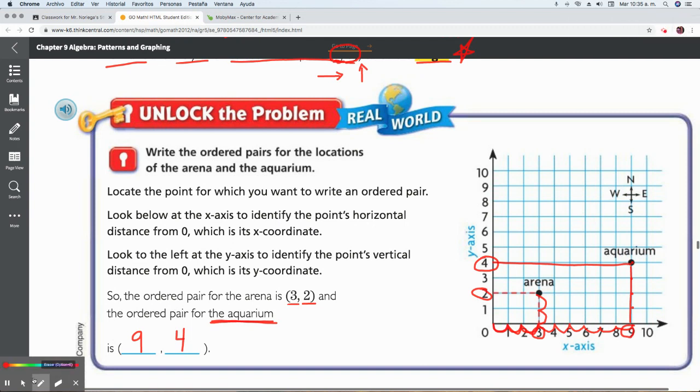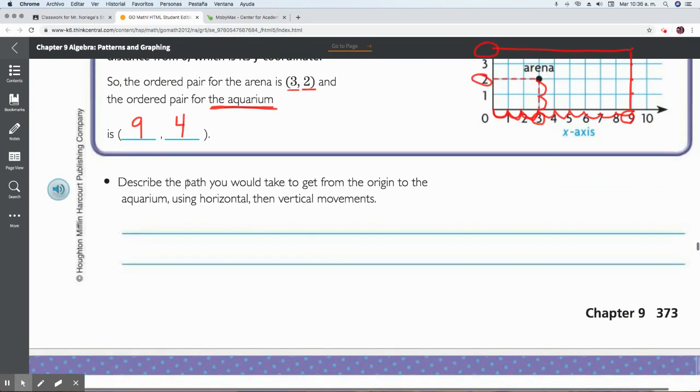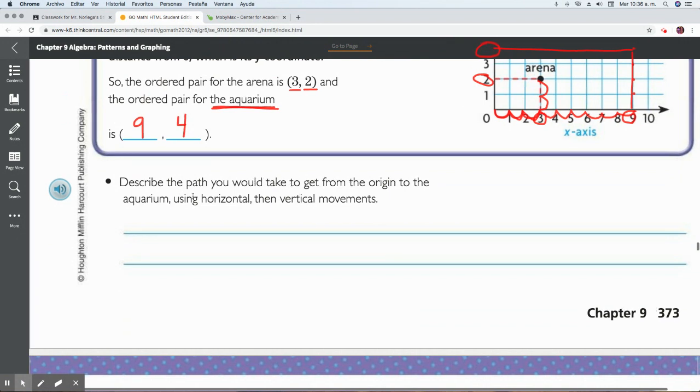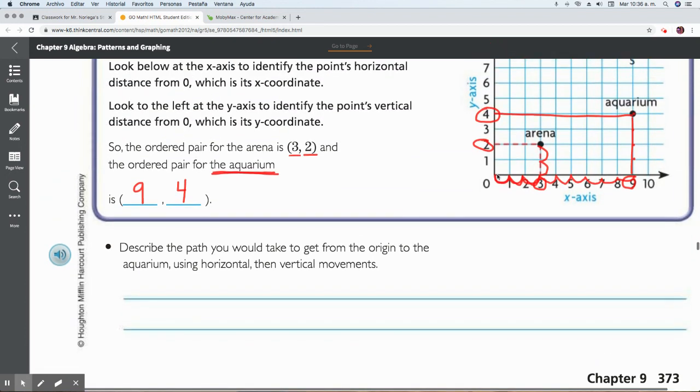All right, next. Describe the path you would take to get from the origin to the aquarium using horizontal then vertical movements. To get from the origin to the aquarium, how many steps do we need to walk to the right? How many units? 1, 2, 3, 4, 5, 6, 7, 8, 9 units.